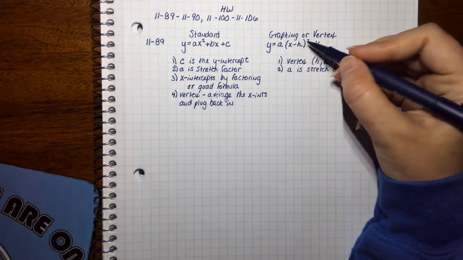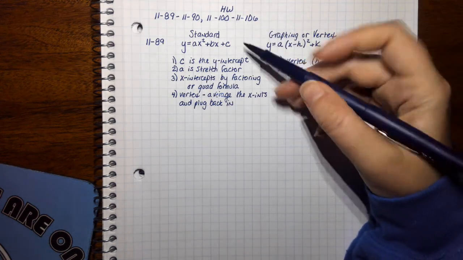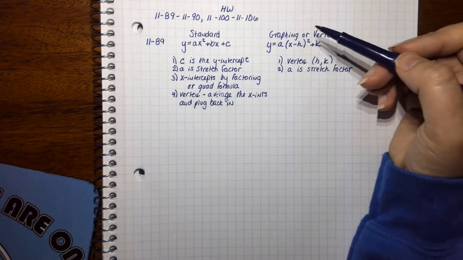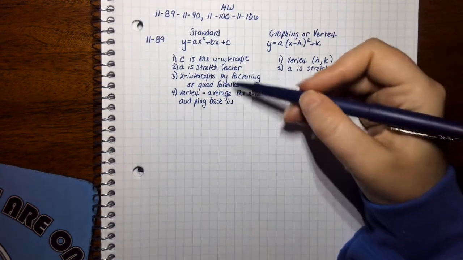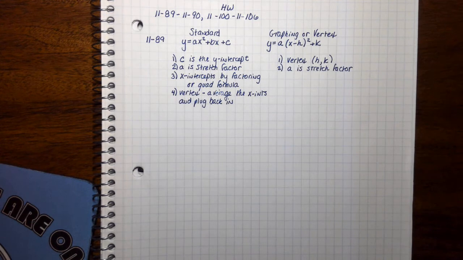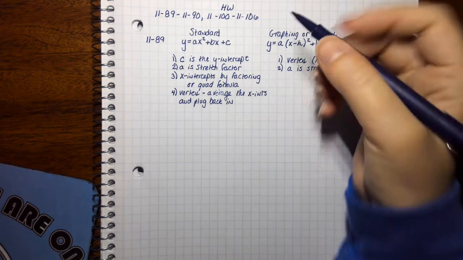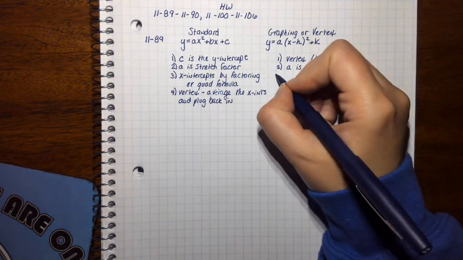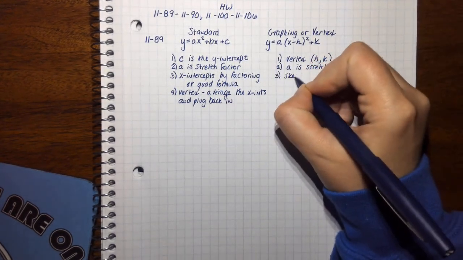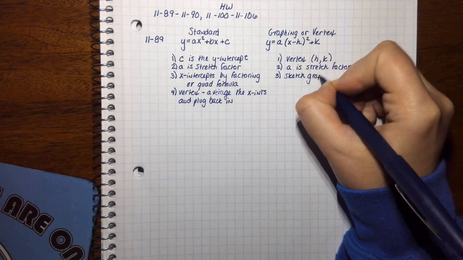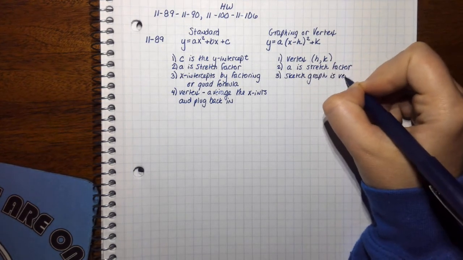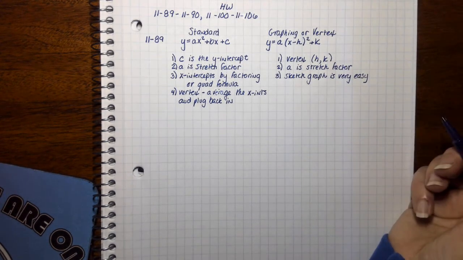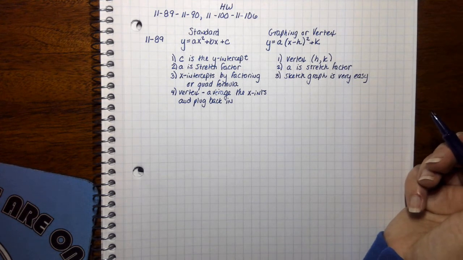You actually have to multiply this out with a box to get it to standard form, and then go through this process, averaging the x-intercepts and plugging it back in and factoring or quad formula. But a sketch graph is very easy, just graph the vertex and then graph off of the stretch factor. Okay.